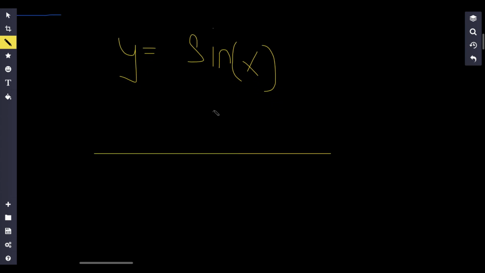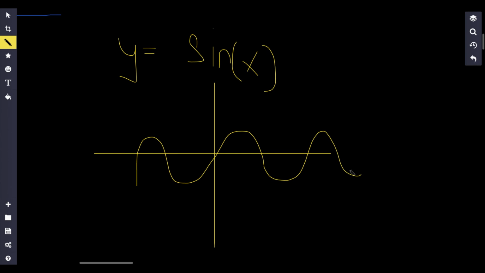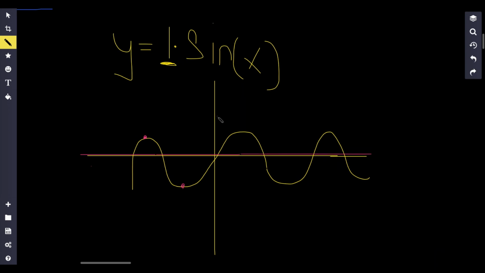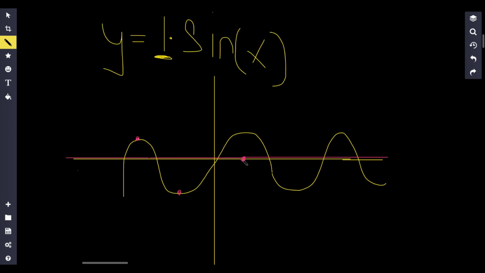All right, I have a sine function. Let's just say we have y is equal to sine of x, and it looks something like this. You can think about this as y is equal to 1 times sine of x. The number in front of the sine of x represents our amplitude. The amplitude is the distance from our midline, which is literally just the line in the middle.